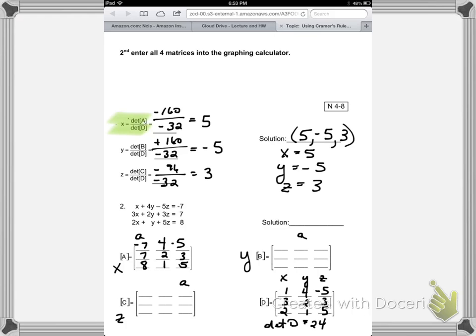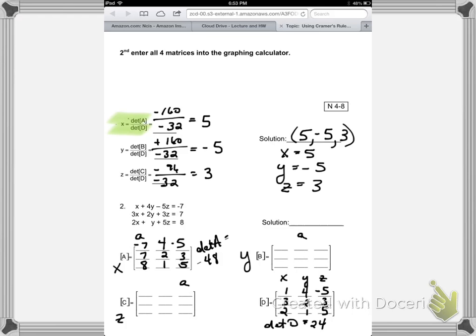And so the determinant of this one was equal to negative 48. Okay? So just calculate x then.